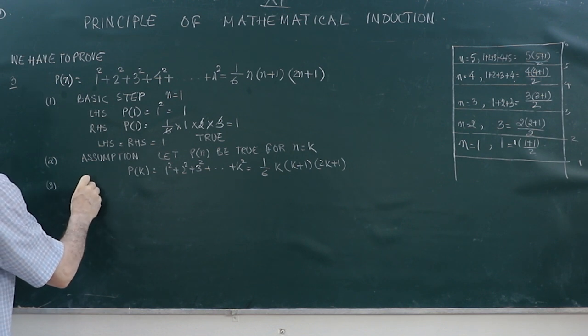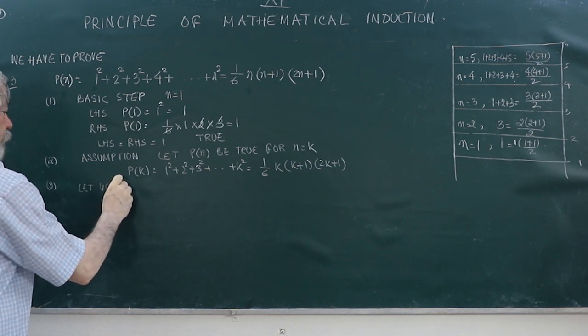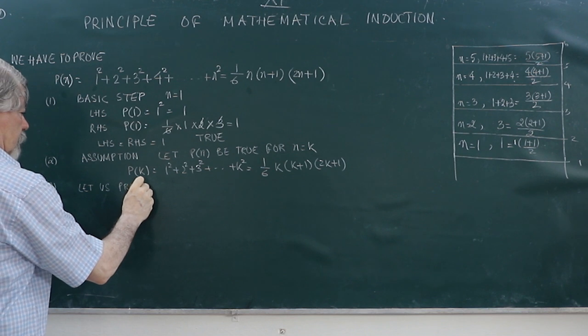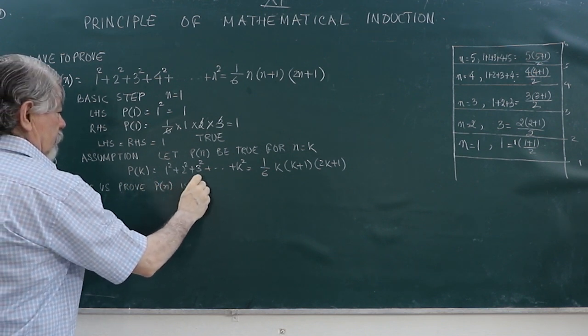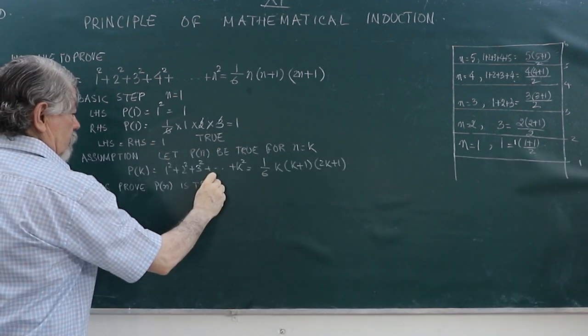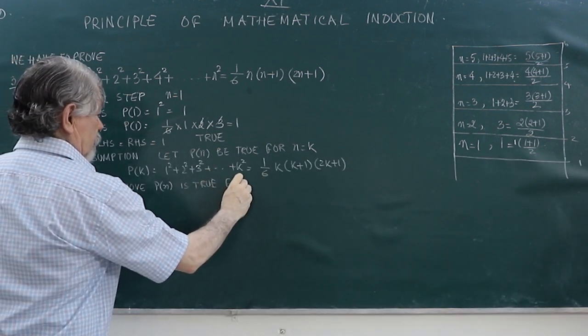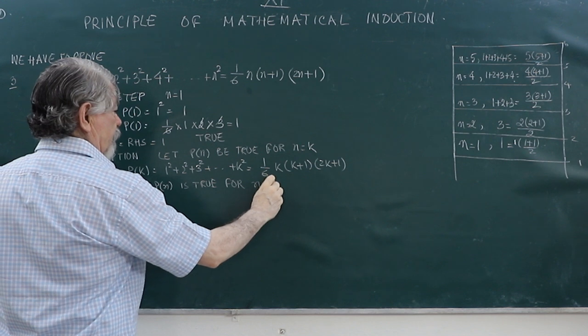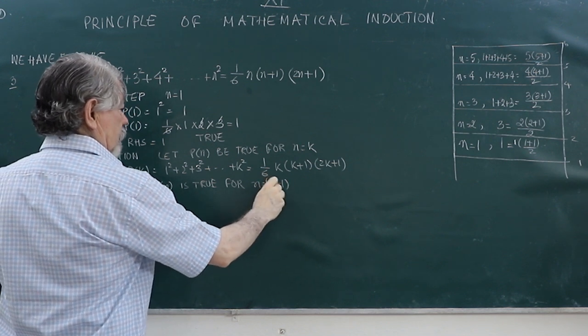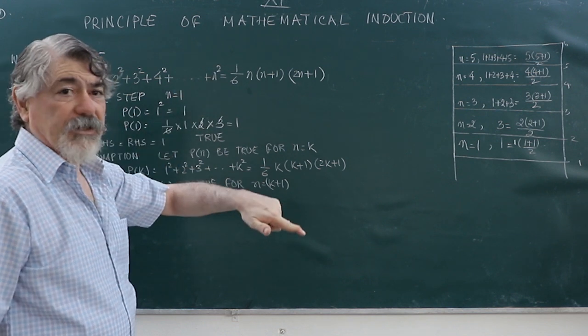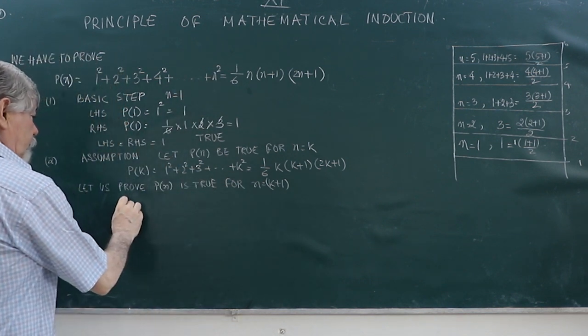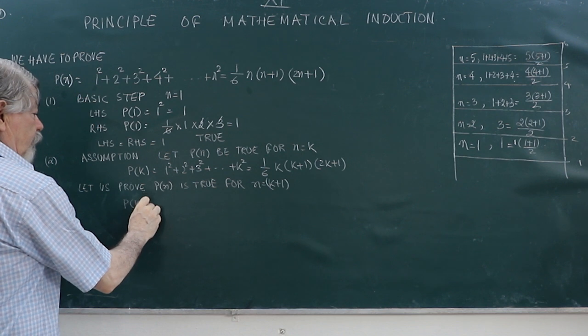Let us prove Pn is true for n is equal to k plus 1. So we will replace n by k plus 1 now. So Pk plus 1 will become what?